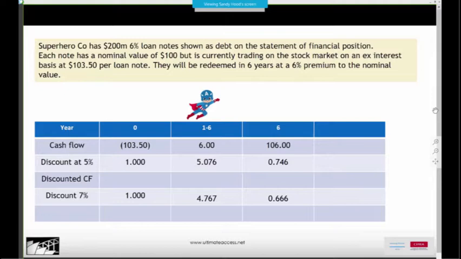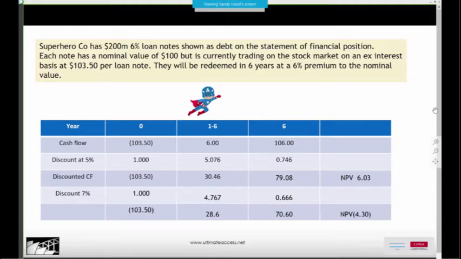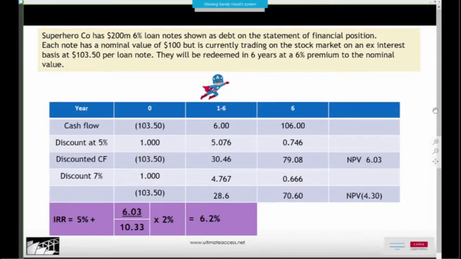So I would normally go in here, as I have done, and discount it at 5%. And what I found was that at 5%, I was actually getting a positive net present value. So I upped the discount rate to 7%, where I got a negative net present value, and then I brought the two together within an internal rate of return calculation and found that we were looking at 6.2%.